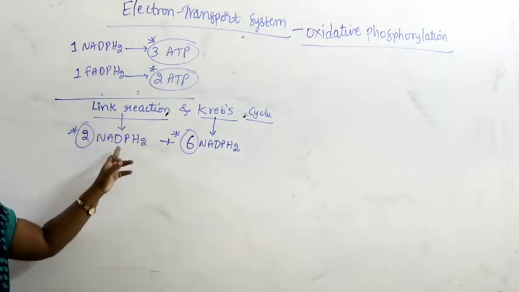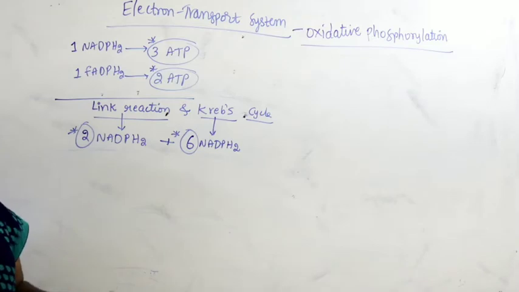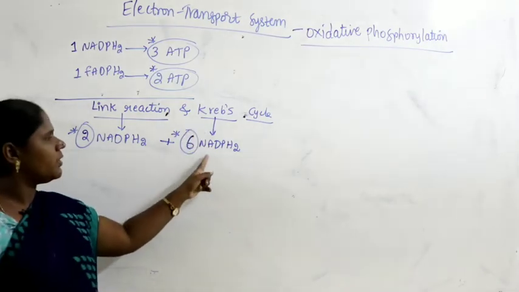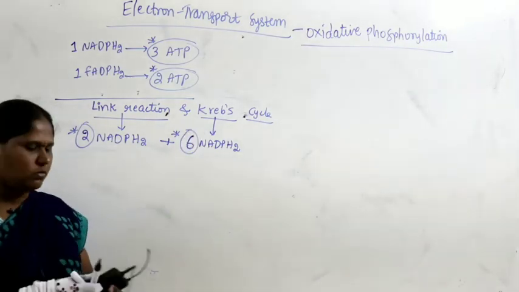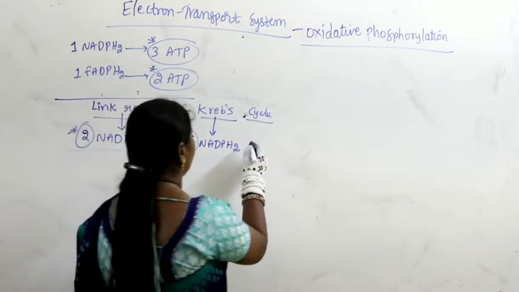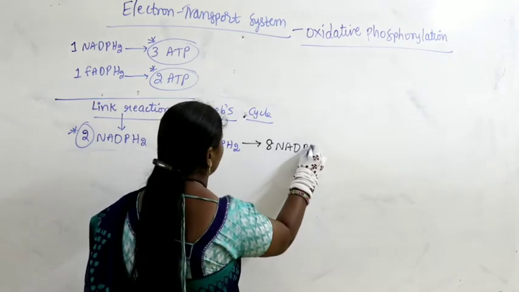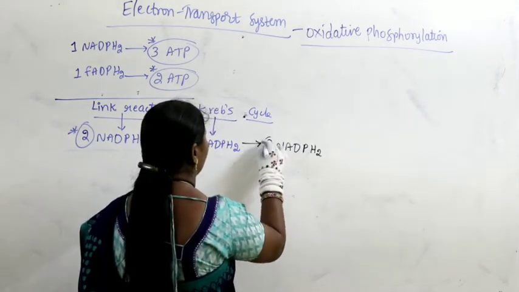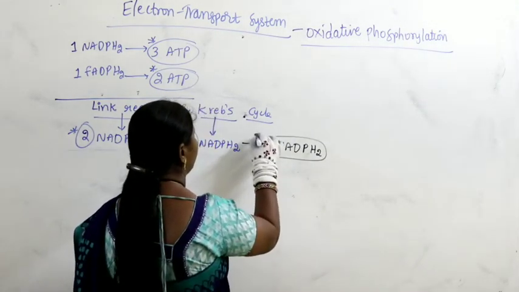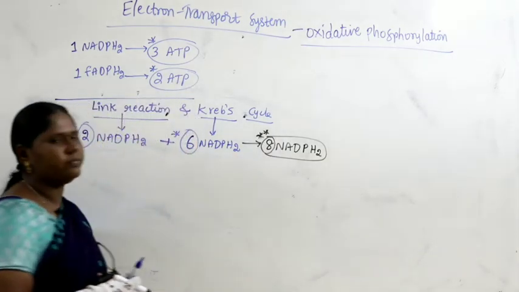At the time of the link reaction there is a production of 2 NADPH2. In the Krebs cycle there is a production of 6 NADPH2. So what is the total number of NADPH2? Altogether 8 NADPH2 are produced by the end of the Krebs cycle.